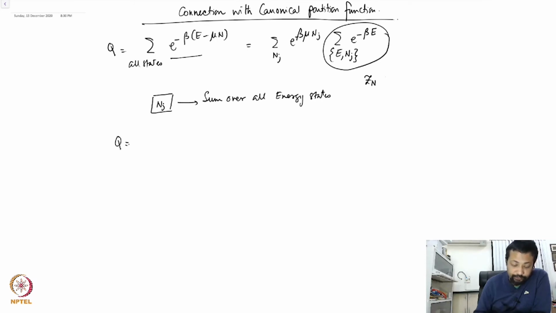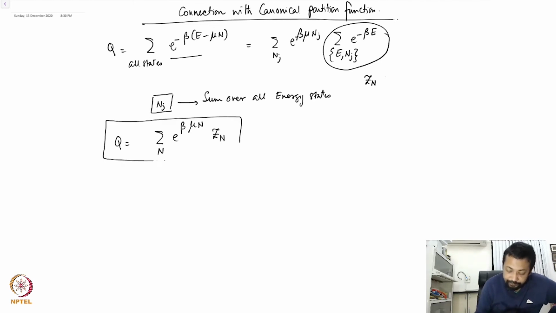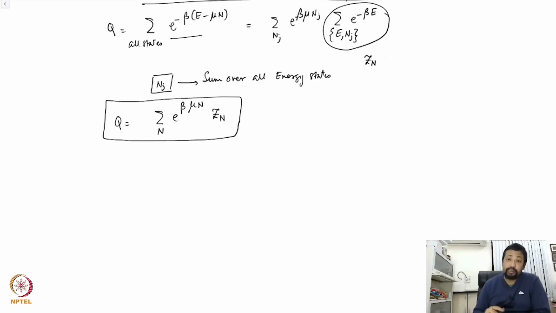So therefore you see we have come up with a very nice thing, that this is the sum over n of e to the power beta mu n times Zn. Now recall, in the canonical ensemble we did non-interacting systems, and in the non-interacting systems we said that an n particle partition function can be expressed in terms of a single particle partition function, where q is my single particle partition function.